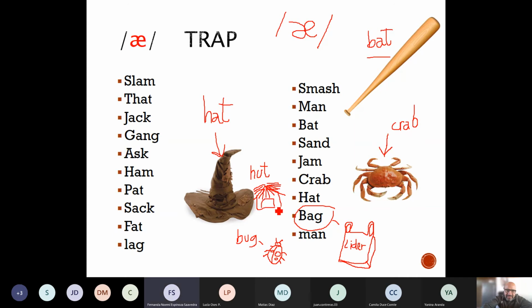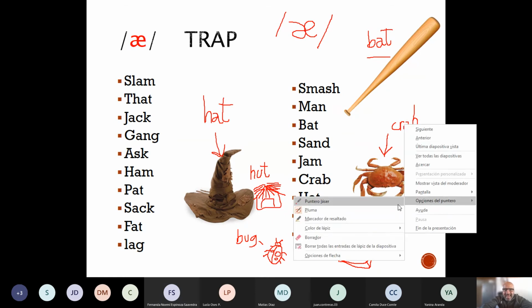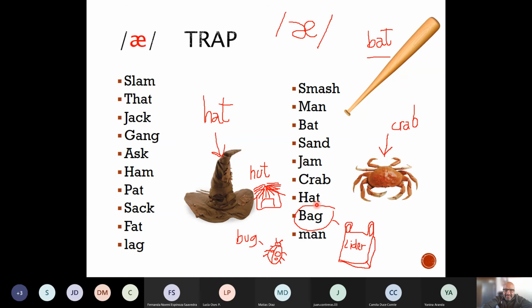Casucha. Choza. Yeah, that's a hut. So hat, hut, hat with the trap vowel, hut. That's a different sound, all right? That's why it's important to remember that.